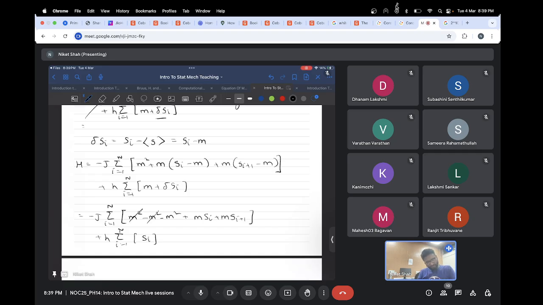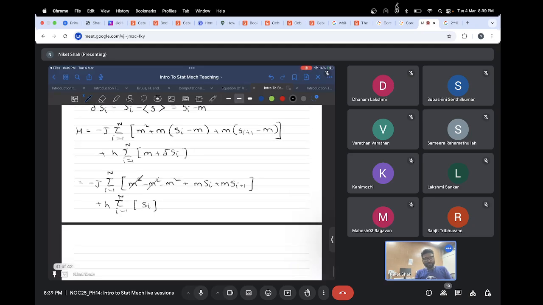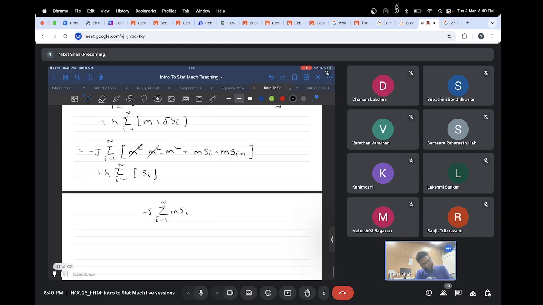Okay, so now think about this. We have a periodic boundary condition, right? So sum over M Si, where i runs from 1 to N minus J, and this sum M Si plus 1. Both of these sums are the same, right? This goes from MS1 plus MS2 plus MS3 plus MS4, it keeps on going till MSN.